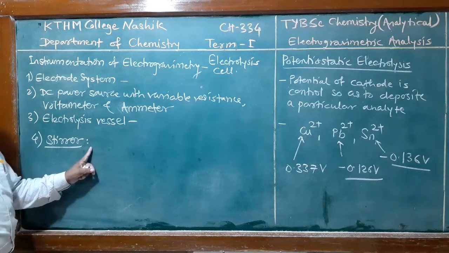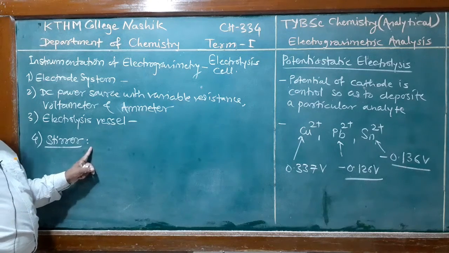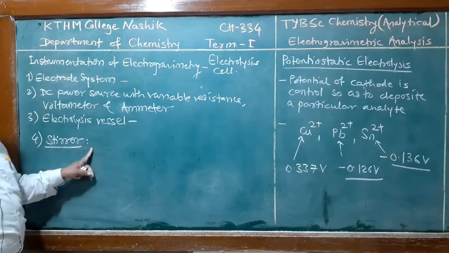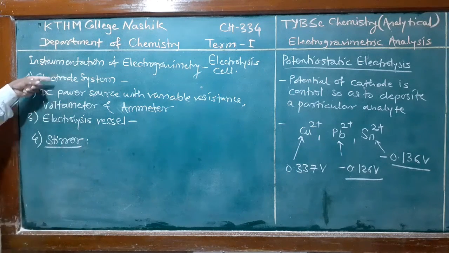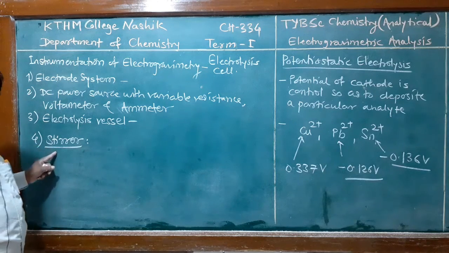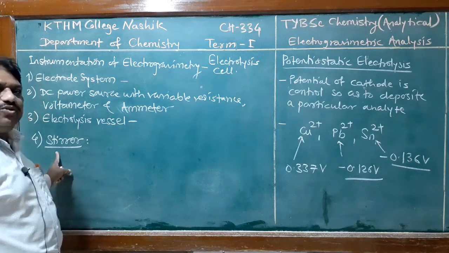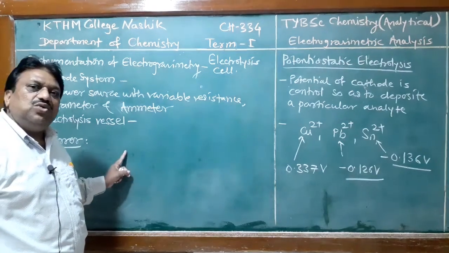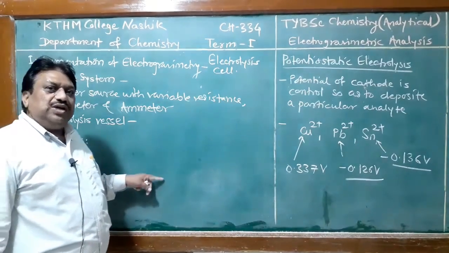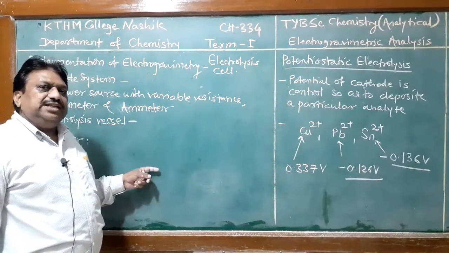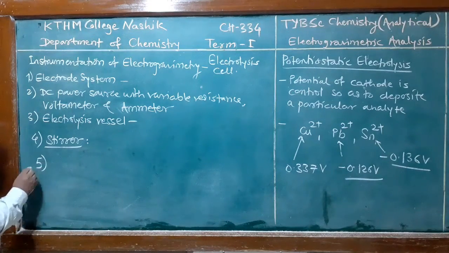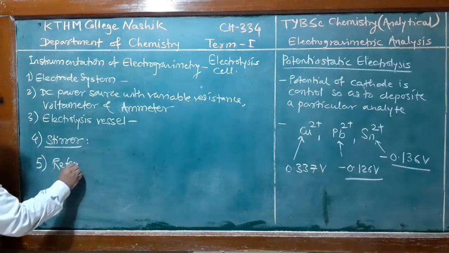Stirring also decreases the convection effect, and therefore the overpotential can be decreased because of stirring. Now, all these four components are required for an electrolysis cell in which we can carry out electrolysis without controlling the cathode potential. But if we have to control the cathode potential, that is potentiostatic electrolysis, then there is a requirement of a reference electrode.